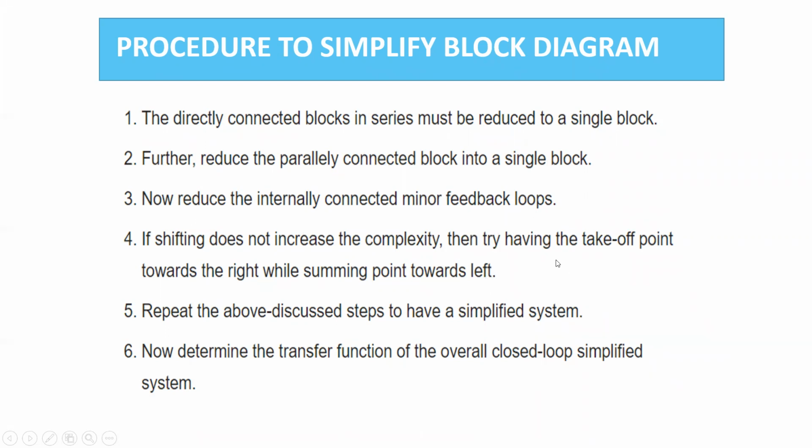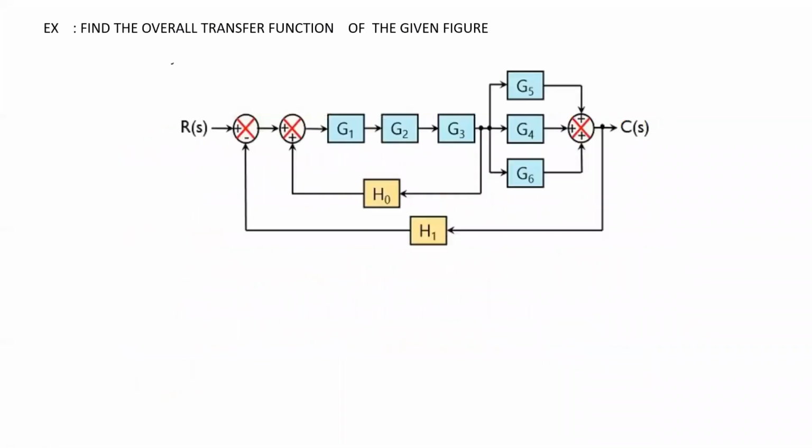If it is not possible to shift any takeoff point, then there is another procedure where we can solve this problem by equations. So let us see how we will do that.